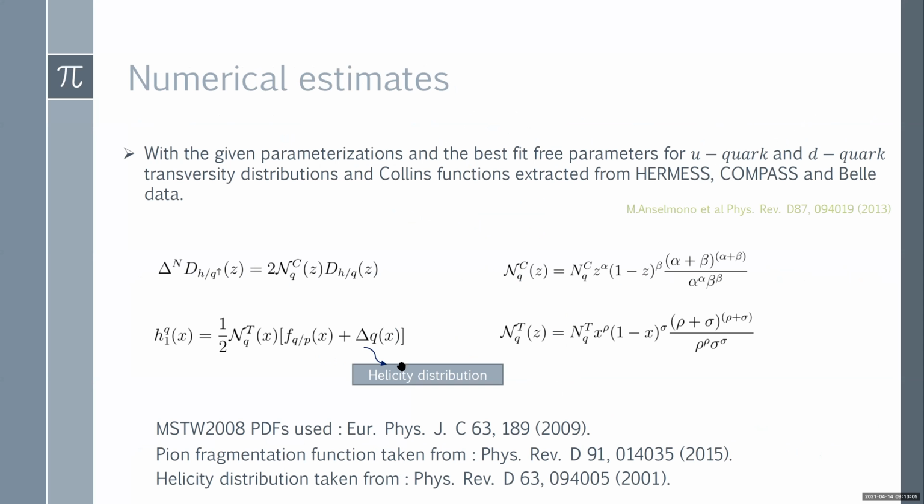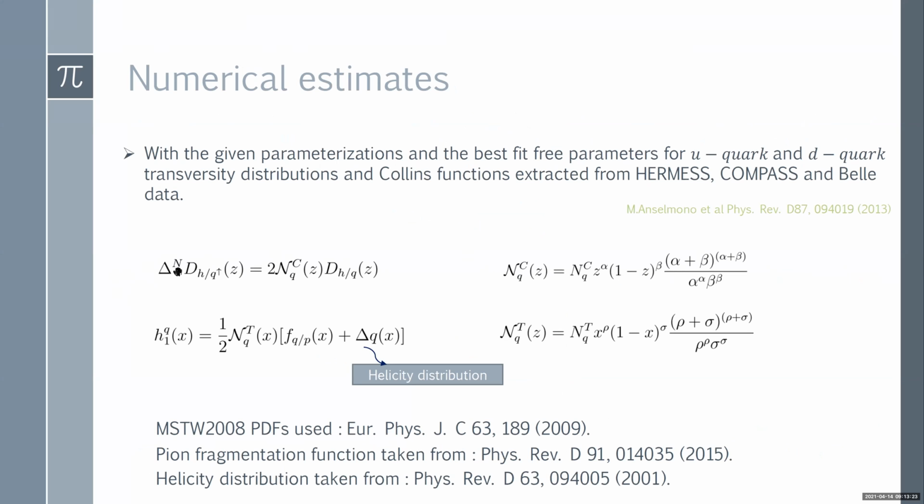Okay, so in order to give the numerical estimates, we use these parameterizations from this reference over here, and this is for the Collins asymmetry, which is parameterized in terms of the unpolarized fragmentation function here.